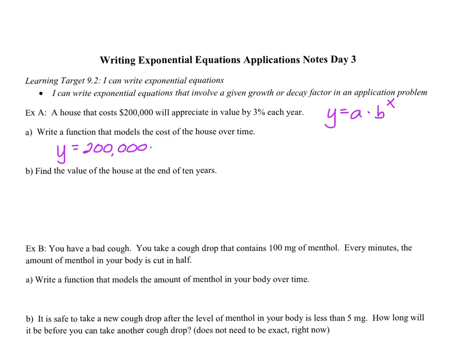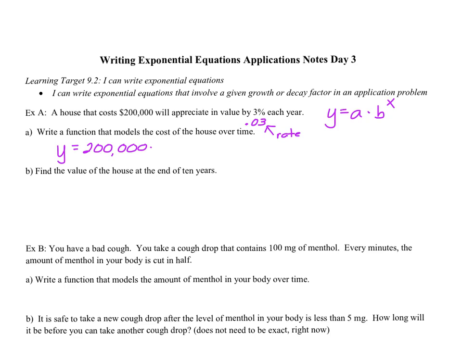So then it says that it's appreciating by 3% each year. So 3% is the amount that it's growing by. First I'm going to remind myself that 3% is 0.03 as a decimal. And I need to make sure that it's growing. So this 0.03, that is our rate. And remember, our rate gets attached to the growth to make it the growth factor.